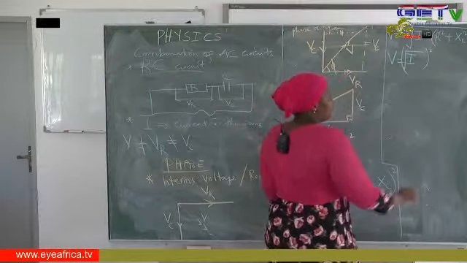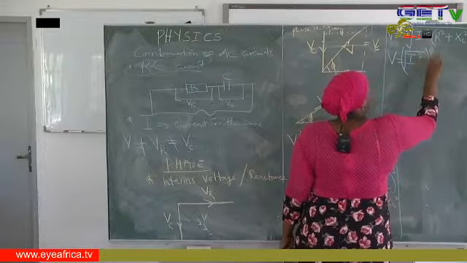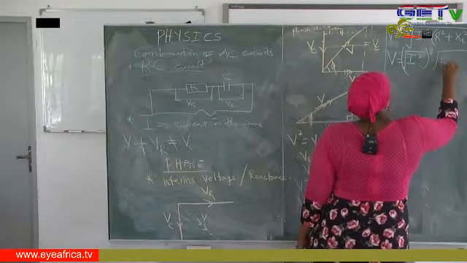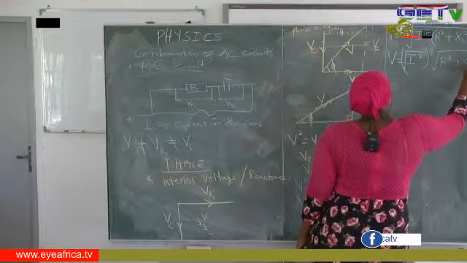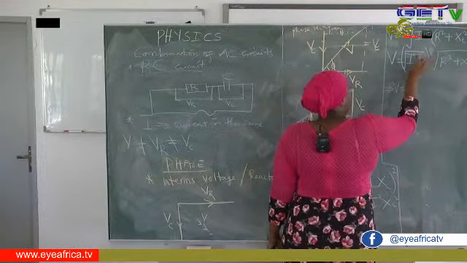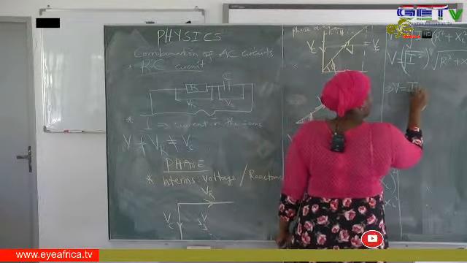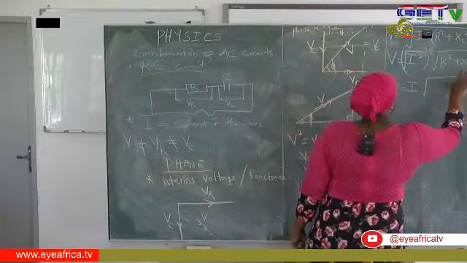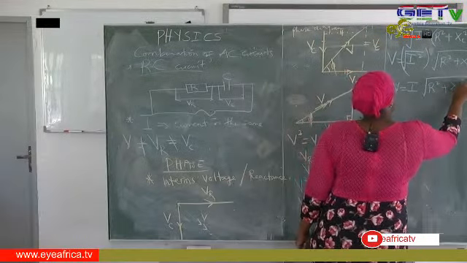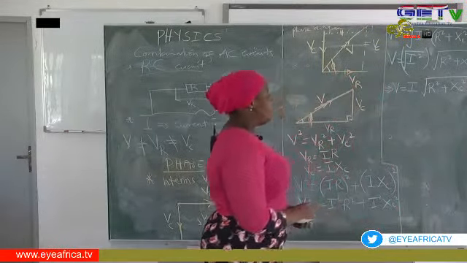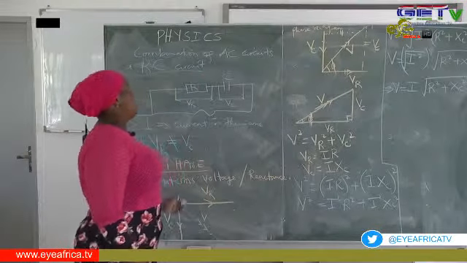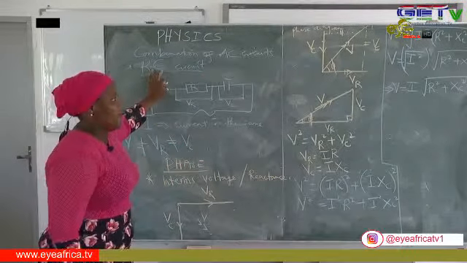V is the root of I squared times the root of R squared plus XC squared, and the root of I squared is simply I. So V is equivalent to I times the root of R squared plus XC squared. That is the effective voltage in an RC circuit.